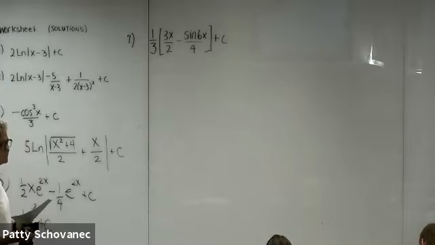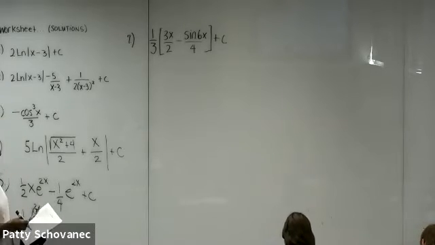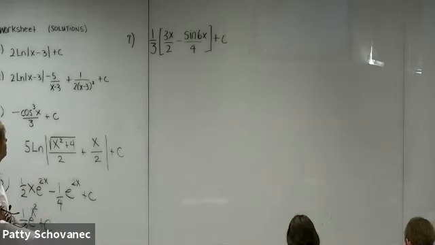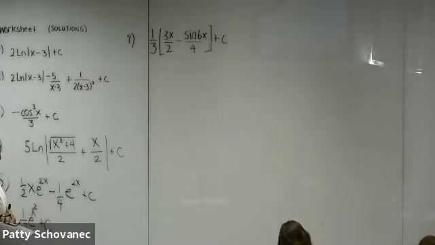Question. I think I know the answer, but I just want to ask for confirmation. So this formula, no matter what comes out front, will always work out to have that first term, u over 2. It cancels with the 1/3.